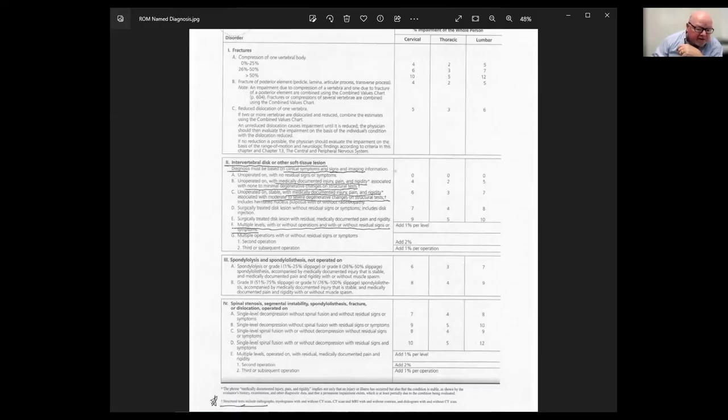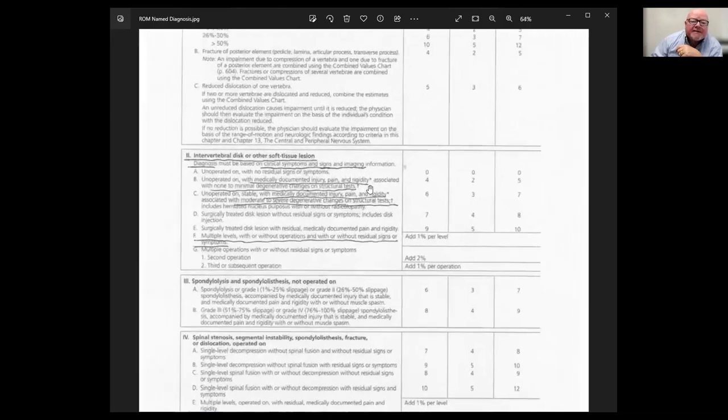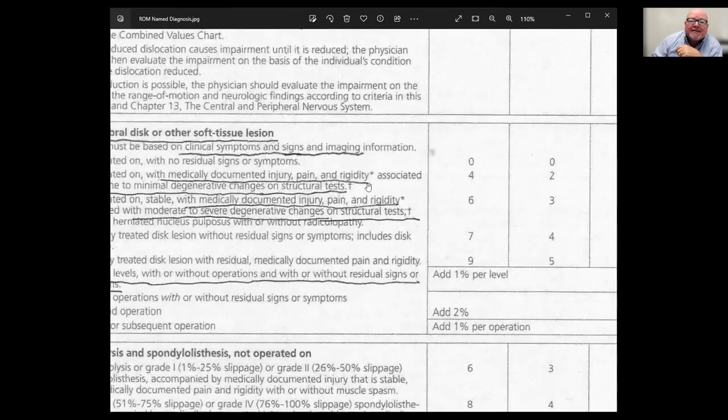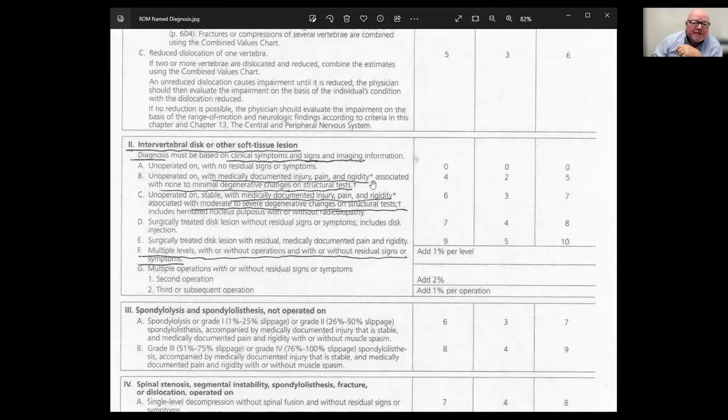That's what it says right down there. That's what this asterisk right here means. Structural test. Well, is hypolordosis a structural test? Yes. Is lateral flexion malposition a structural test? Yes. Is rotational malposition a structural test? Yes.